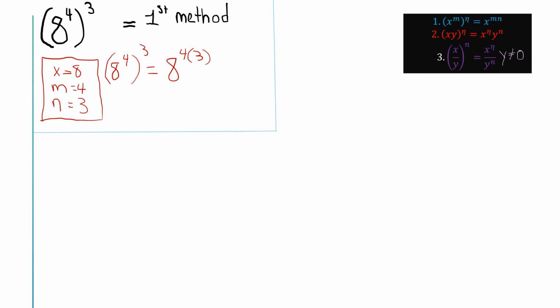In other words, this will come out to 8 to the 12th.